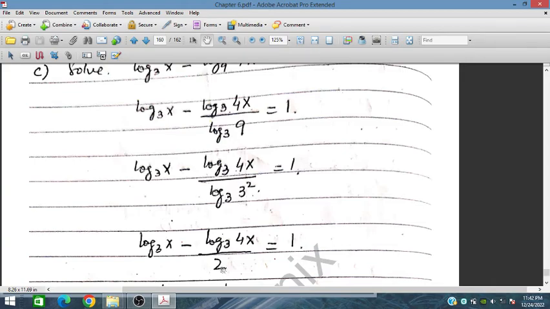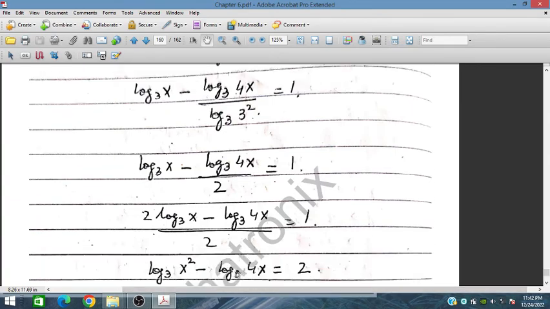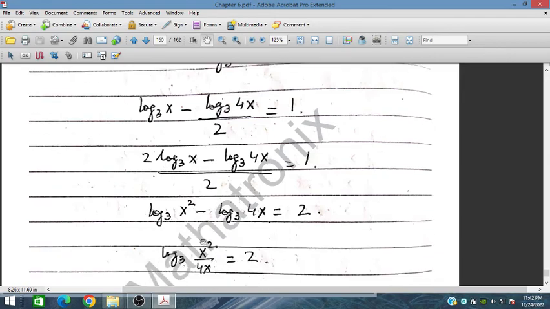Now taking the LCM, we multiply by 2 and this is log_3 4x. So this 2 will be shifted and will appear as the power. Now this can be written as log_3 of x squared divided by 4x equal to 2.